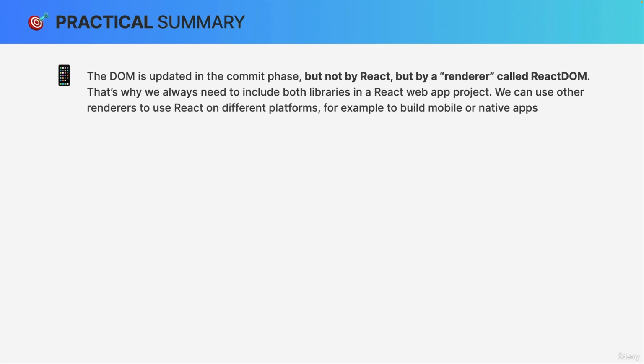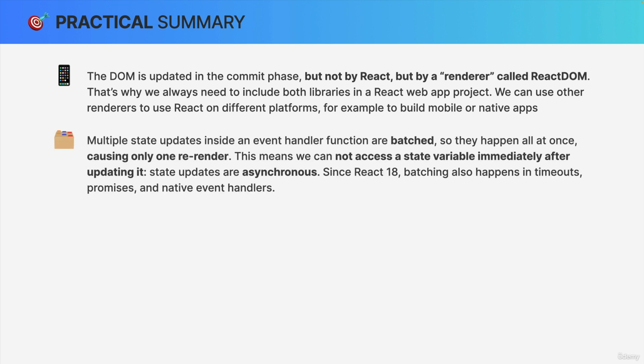So, when we have multiple state updates inside an event handler function, all these state updates will be batched. So basically, they will happen all at once. And this is super important because it means that multiple related state updates will only create one re-render, which once again is great for performance.